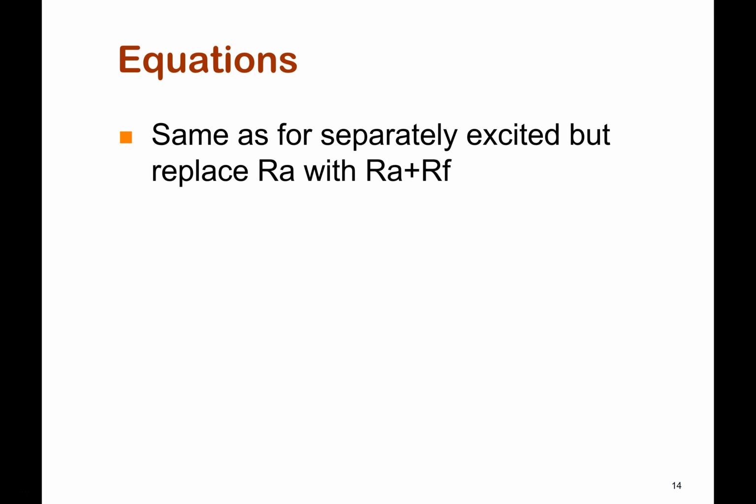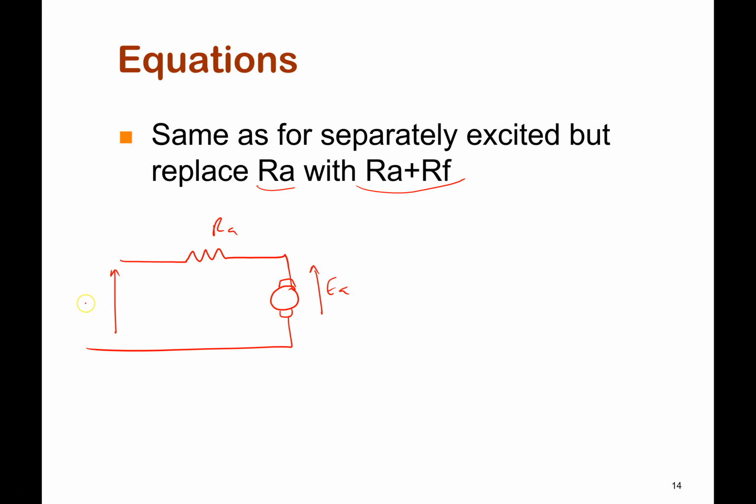For these equations, essentially all you do is replace Ra with Ra plus Rf. Remember, for the shunt winding you had the armature circuit, RA, EA, and VT for the separately excited, with your field and its EF.